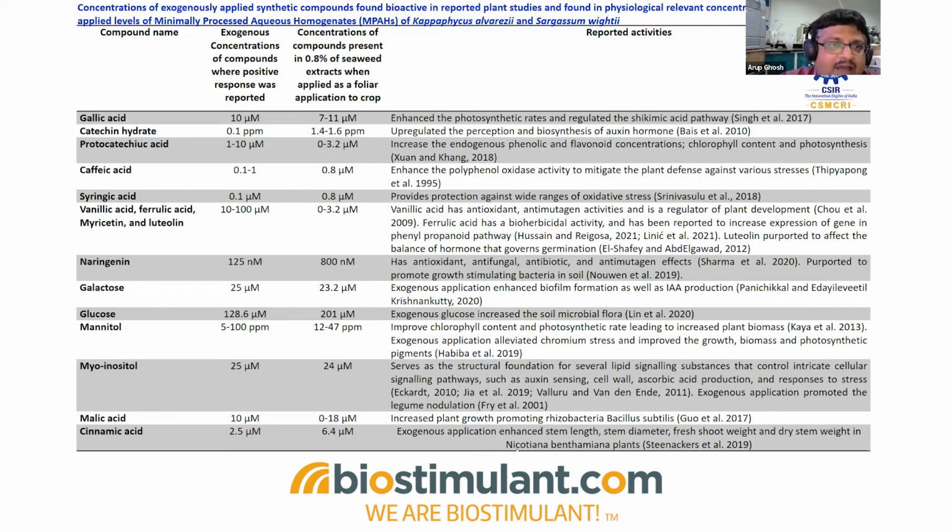Our biostimulant contains 10 to 16 times that. So the concentration used can be lowered, because people have found exogenous application of a single compound beneficial, whereas our biostimulant contains a combination of several such compounds in physiologically active concentration. If one wants to go through this paper, I have explained it in great detail. These are the compounds which we found bioactive, which were also present in the seaweed biostimulant.